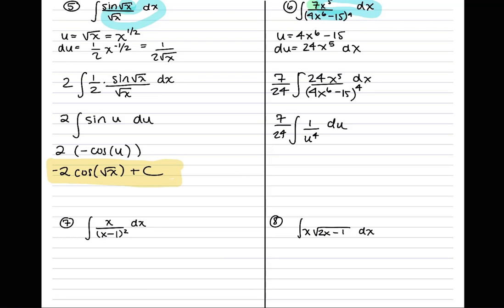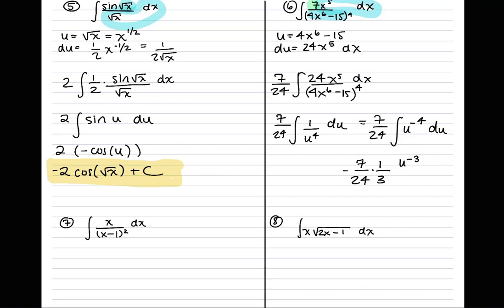And so that's the same as if I rewrite this as u to the negative 4. That helps me see the power rule a little bit better. So remember, when you integrate with the power rule, you up the power by 1. So negative 3 multiplied by the reciprocal. So the reciprocal of negative 3 is going to be negative 1/3.